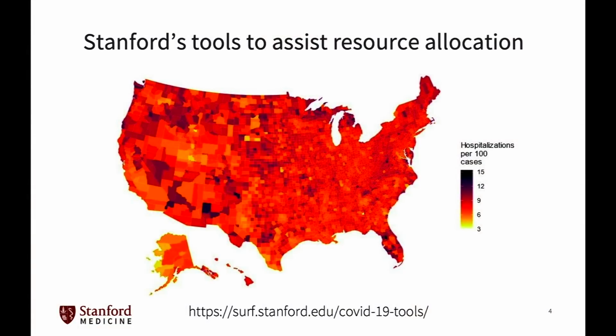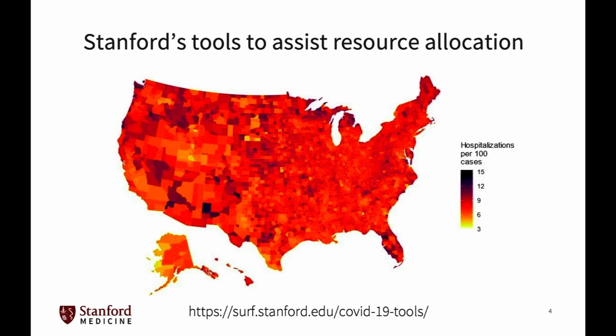So in order to address this situation, what we've done at Stanford is create models that help you estimate bed resource capacity, ventilator use, and PPE use by your local county, by your institution. We've made these available publicly, and the URL is at the bottom of the slide in front of you. We would like to share these so that you can plan your own hospital's resource needs, as well as your county and region.